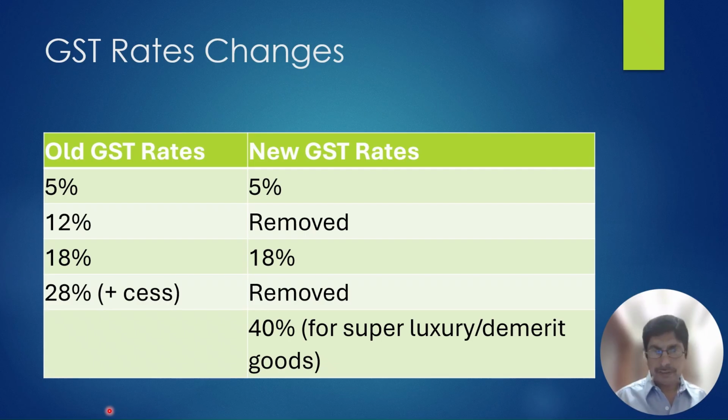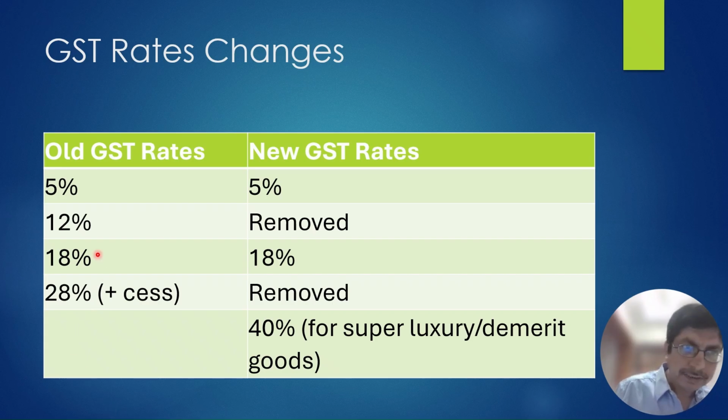You may remember what a GTA service is. It means a person who is transporting goods by road by issuing a consignment note. Remember, there are two options available: 5% RCM, reverse charge mechanism without input tax credit, and 12% with input tax credit under forward charge.